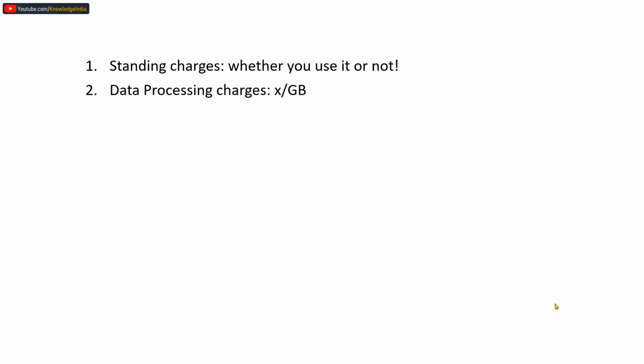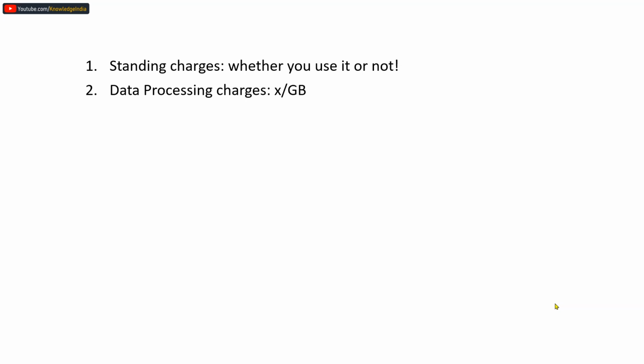You will end up having at least 30 times 2, 60 NAT gateways, right? Or if your organization is following the topology of 3 availability zones per VPC, then it becomes 30 times 3, which means 90 NAT gateways, right? So doesn't matter how much traffic is going through, you will surely pay standing charges for 90 NAT gateways.